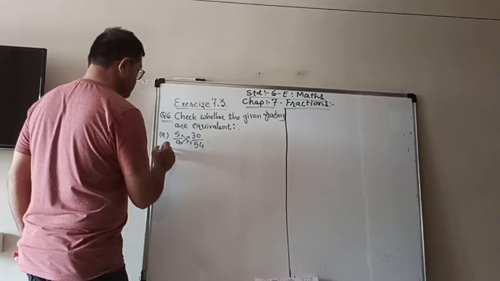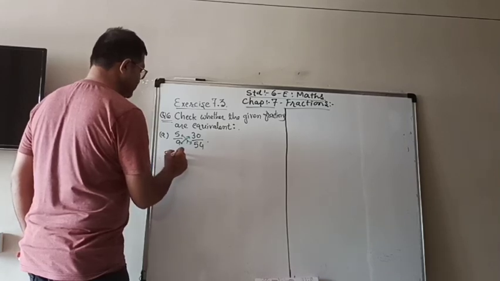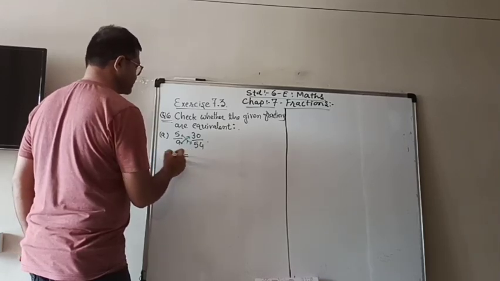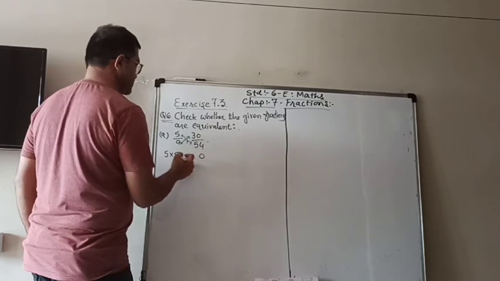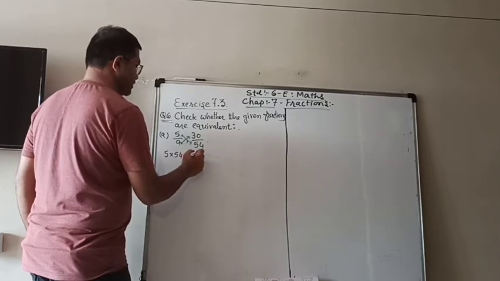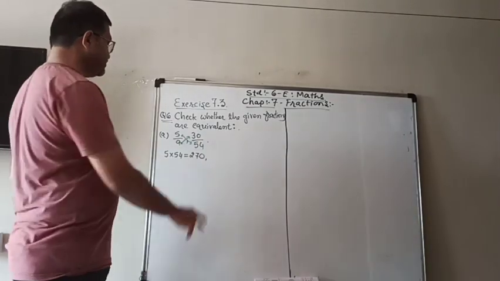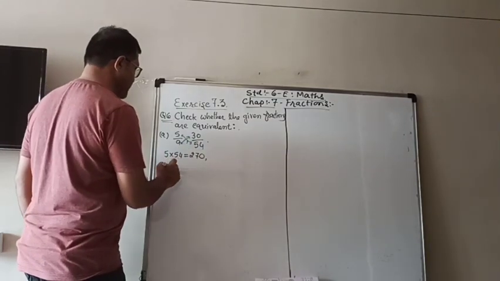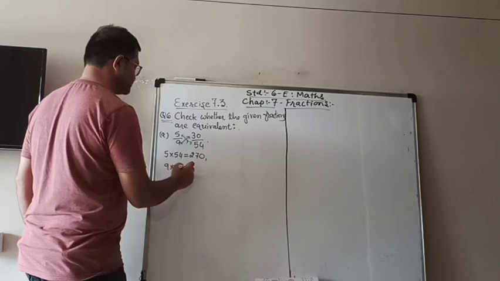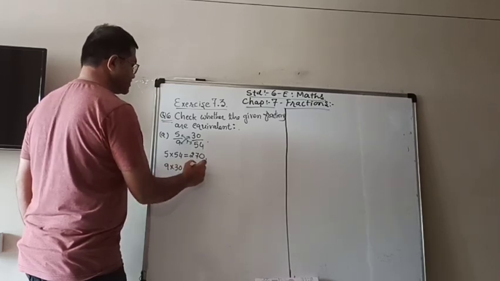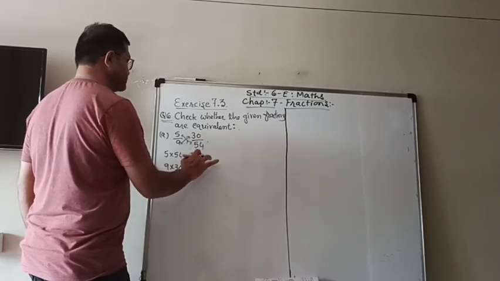So, 5 multiplied by 54 is 270. Then we take another multiplication, 9 multiplied by 30. 9 threes are 27, so both the answers are equal here.